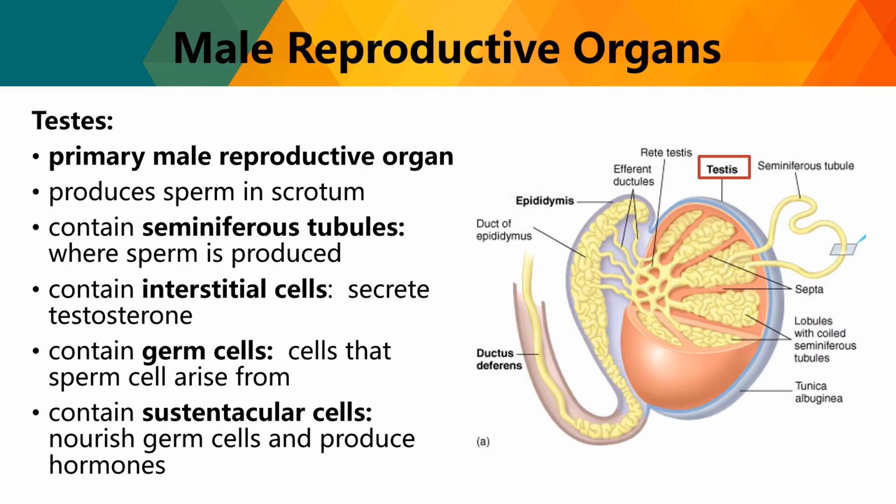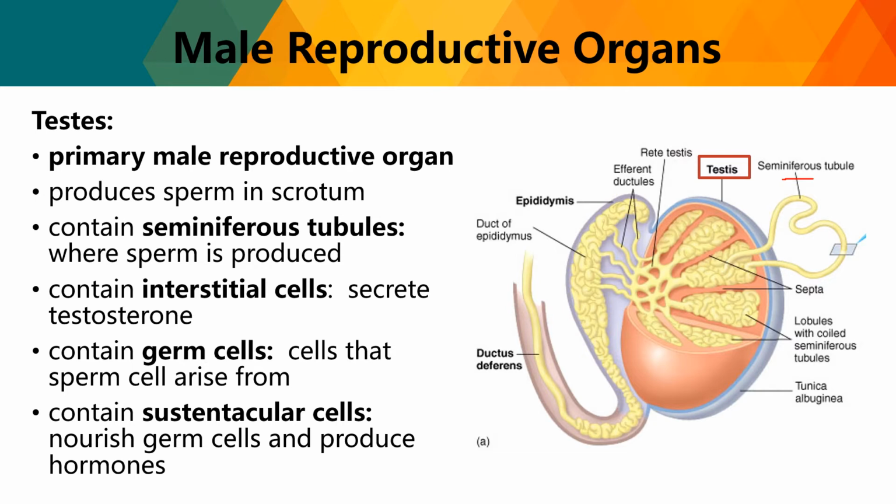Next, we have the testis. This is the primary male reproductive organ. It produces the sperm in the scrotum, and it contains your seminiferous tubules, which is where the sperm is produced. It also contains your interstitial cells, which secrete the testosterone.